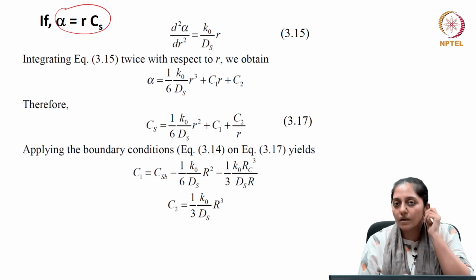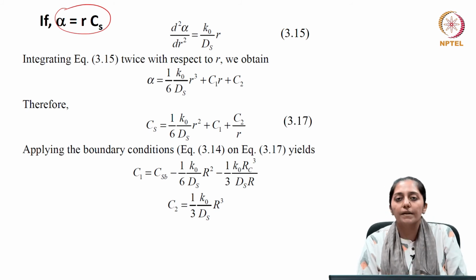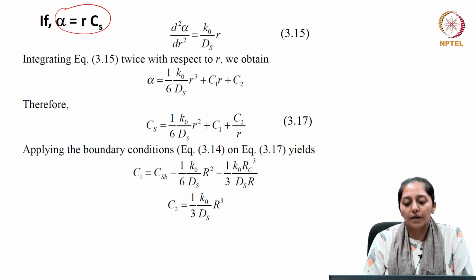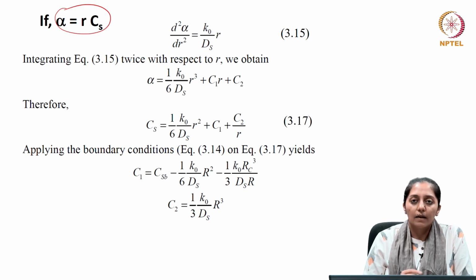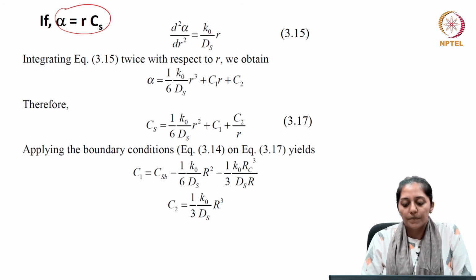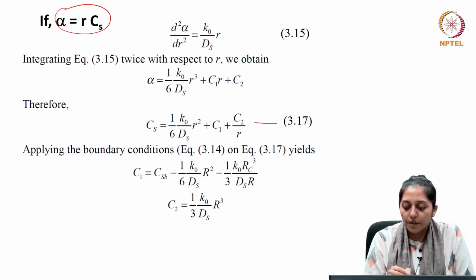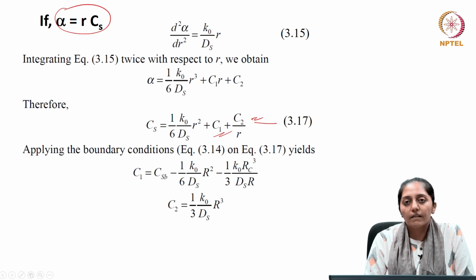You can reduce the earlier equation into a simple double differential form, which you can integrate and then apply the boundary conditions to get the integration constant values, and then come back to the original equation to find a relationship between Cs and R. So, in your equation, C1 and C2 were integration constants, and their values can be obtained using the boundary conditions.